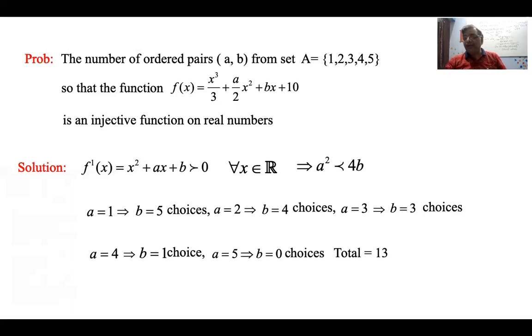If you take a equal to 1, b has 5 choices: (1,1), (1,2), (1,3), (1,4), (1,5). Then (2,2), (2,3), (2,4), (2,5), and so on. So the total number of pairs of a and b is 13.